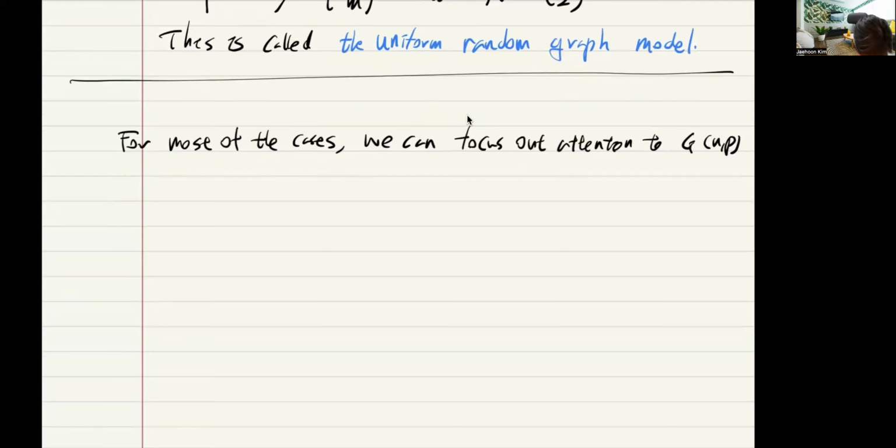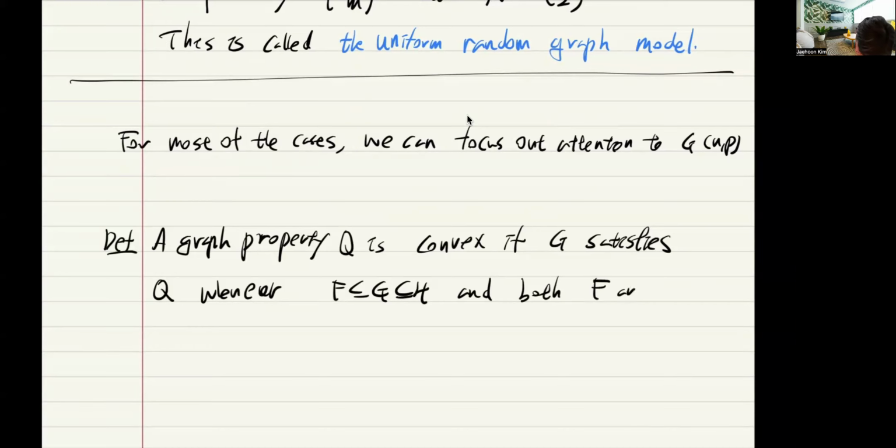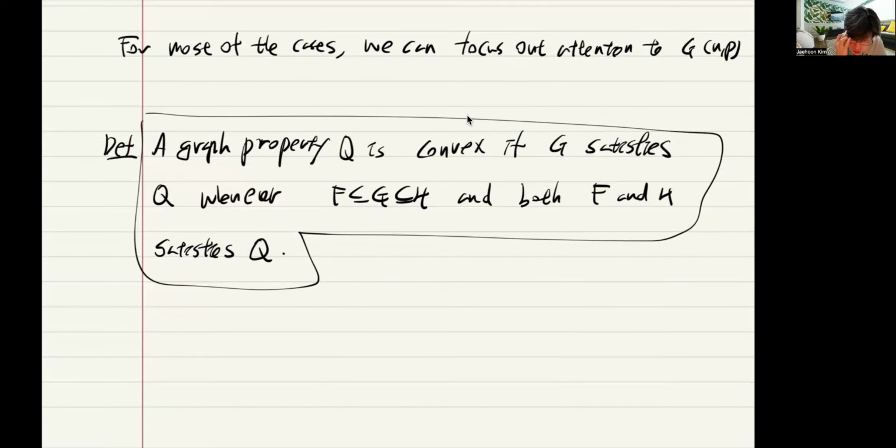What does it mean? We say that a graph property Q is convex if G satisfies Q whenever F is a subgraph of G and H is a supergraph of G, and both F and H satisfy Q. Most interesting properties are convex.